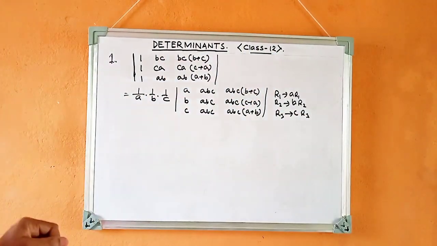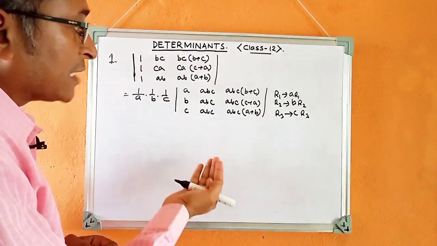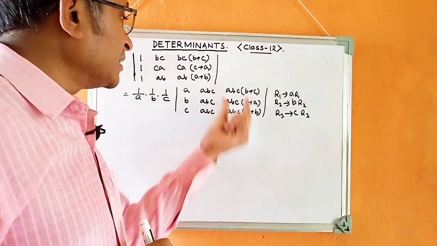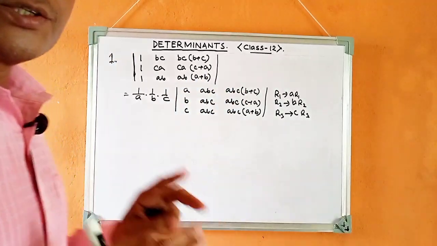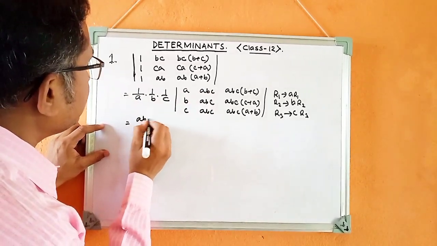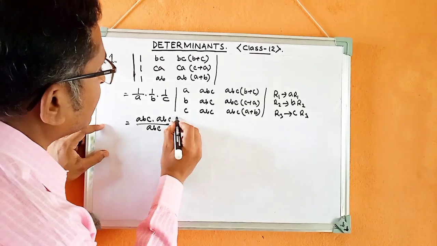Now see, take common ABC from the second column as well as the third column. Both in the second column and the third column, ABC is a common factor. So ABC into ABC divided by ABC already there.